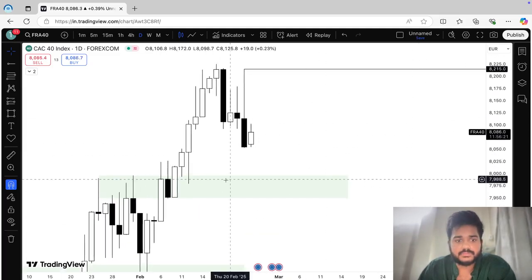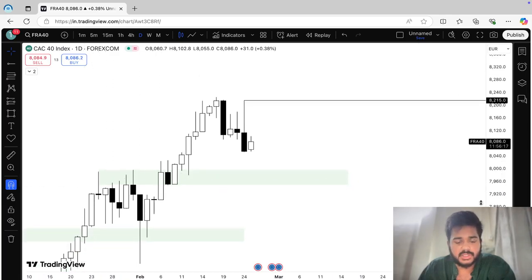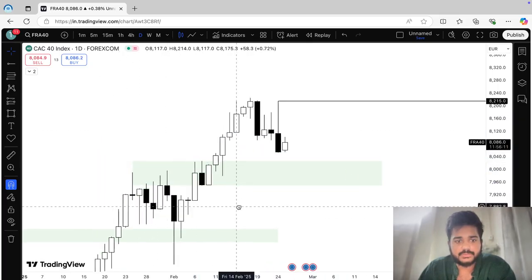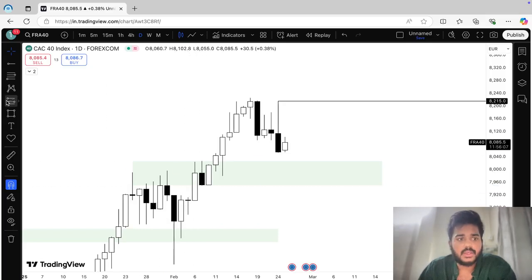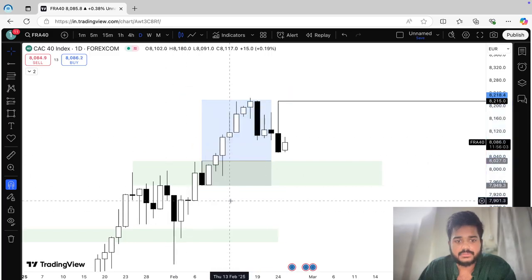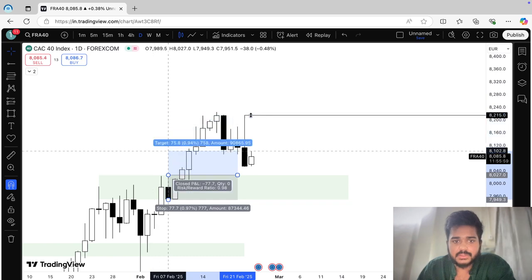And since we got this demand zone over here or support resistance on support, we're gonna be backing up that with this order block over here or the demand zone. If you look at this, we can possibly have a trade over here as well. So a very simple trade for us.